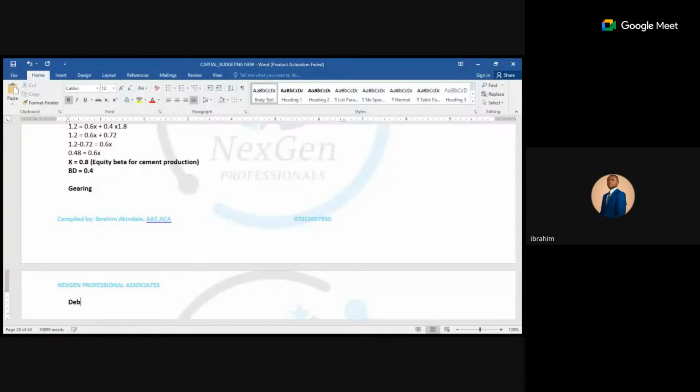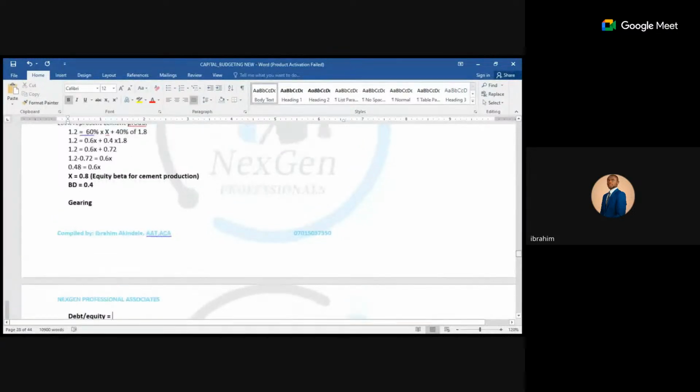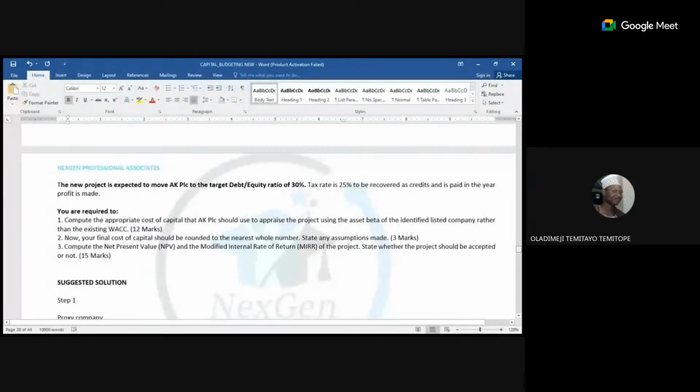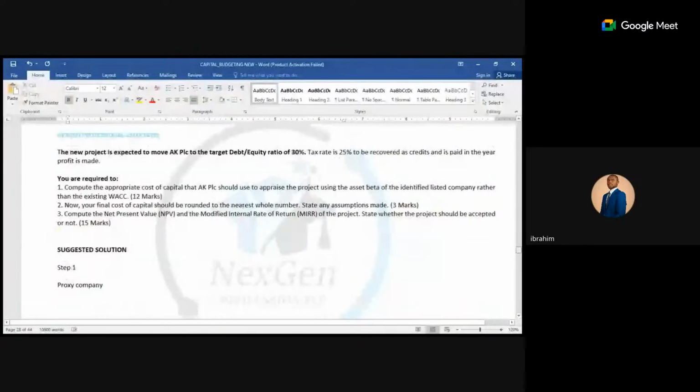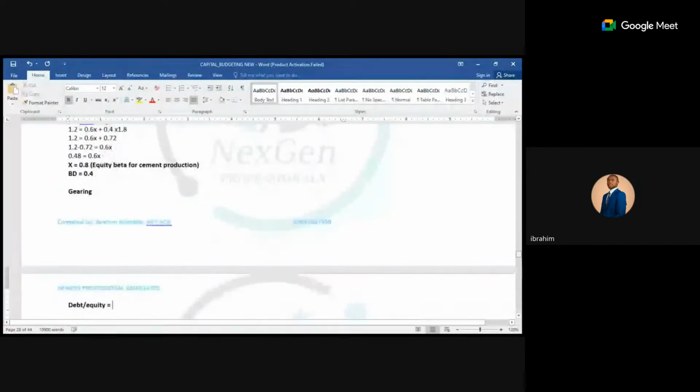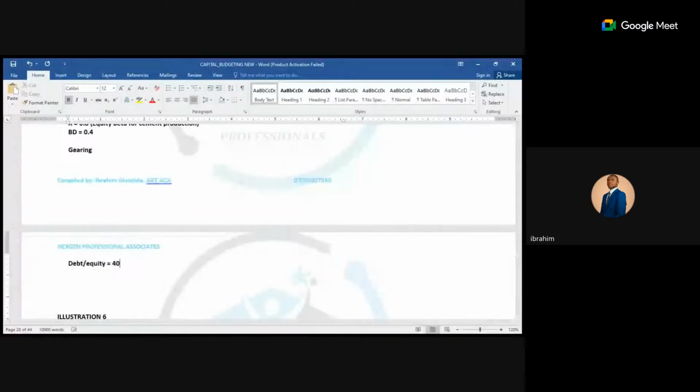Debt to equity, don't forget, equals how many percent? Debt to equity is 40 over 100%. 40%. They give us 40%, right? So meaning that debt will be 40, then equity will be 100. You can see that this is given in a percentage.